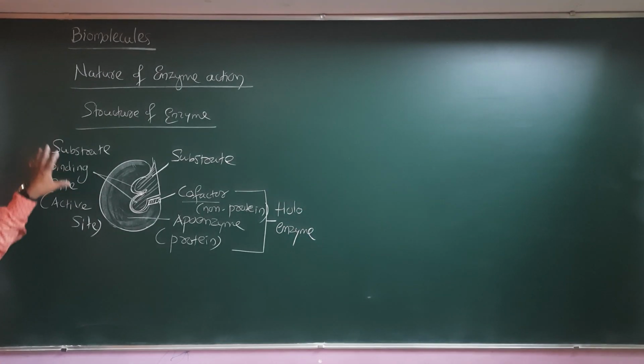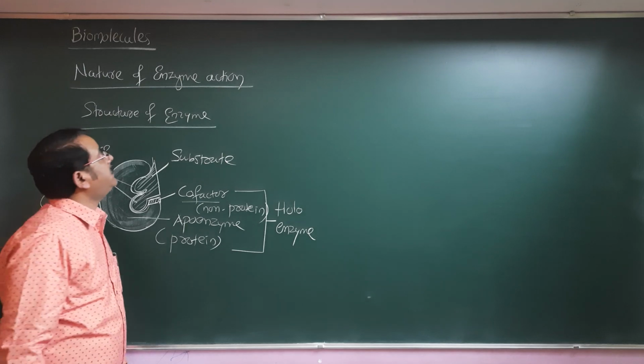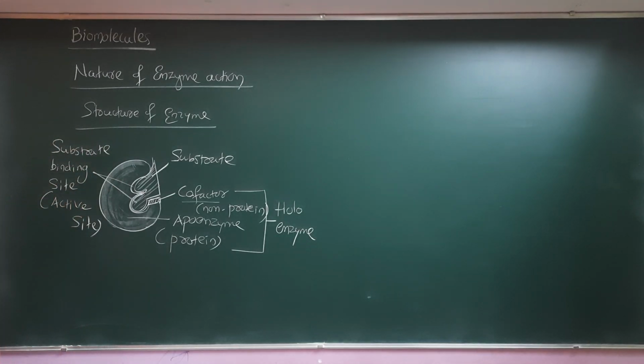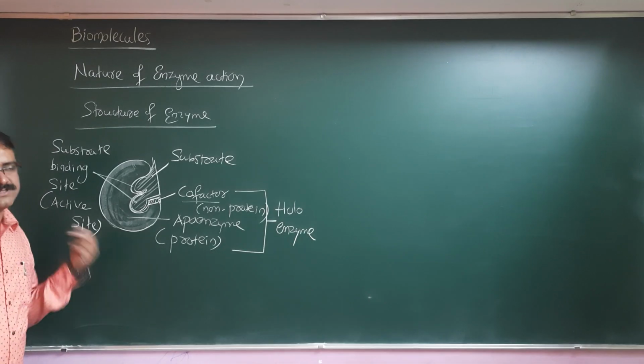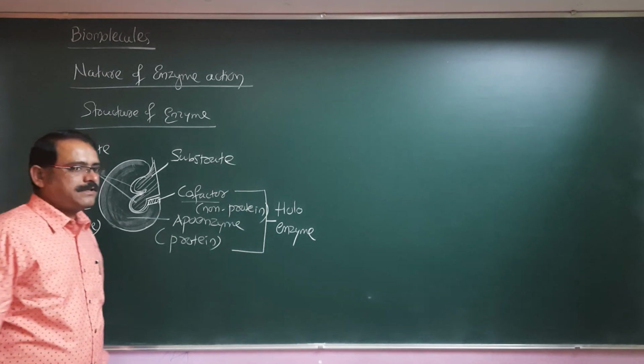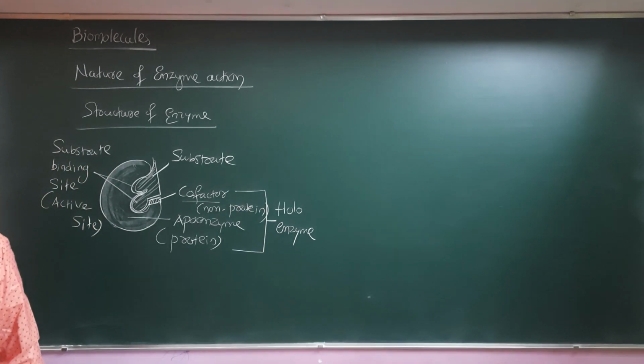Thus, when we talk about the nature of enzyme action, what important things do they reveal? In the structure of the enzyme, we observe there is an active site or substrate binding site. We also observe there is a cofactor, and the presence of the cofactor increases the efficiency of an enzyme.